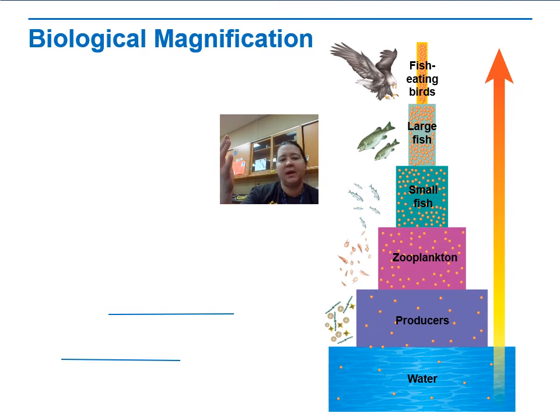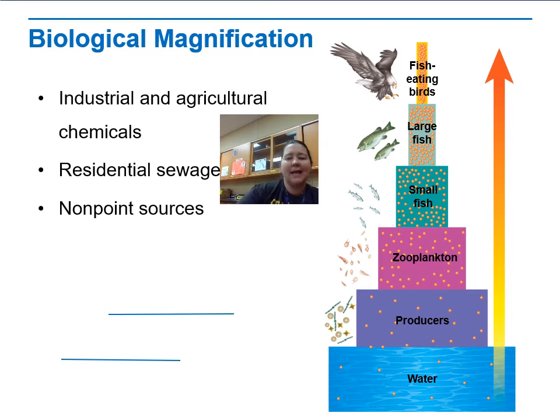And then last but not least, we have biological magnification. Biological magnification is exactly what it sounds like. Biological, dealing with life, part of the biosphere. Magnification, getting bigger. A lot of times we see this with different types of pollution, especially in waterways, because we'll take a water sample and we'll set a limit on it, whatever that number is.